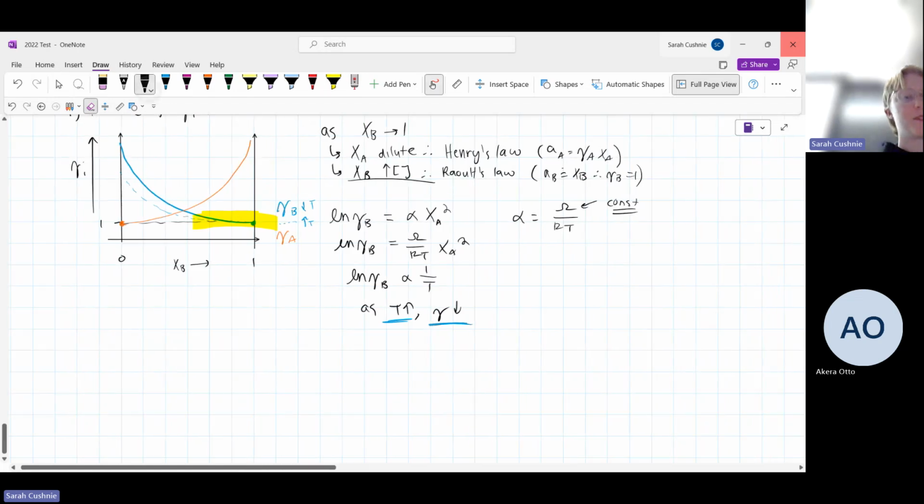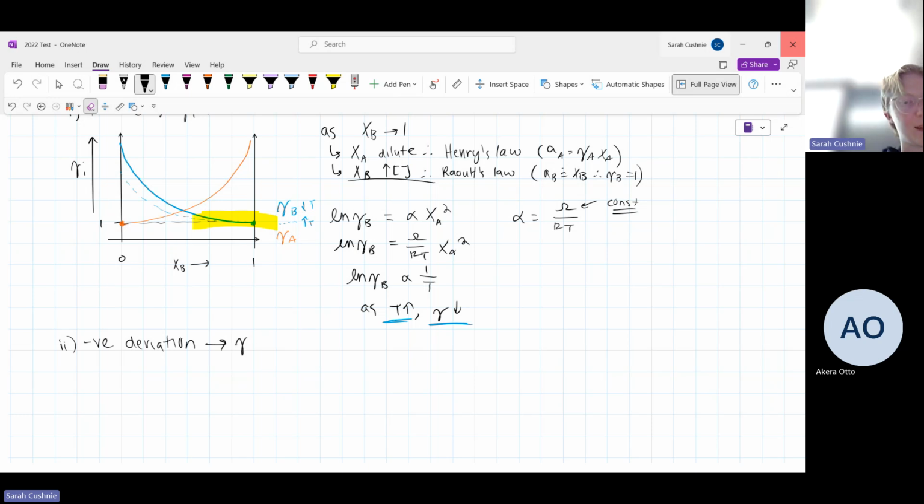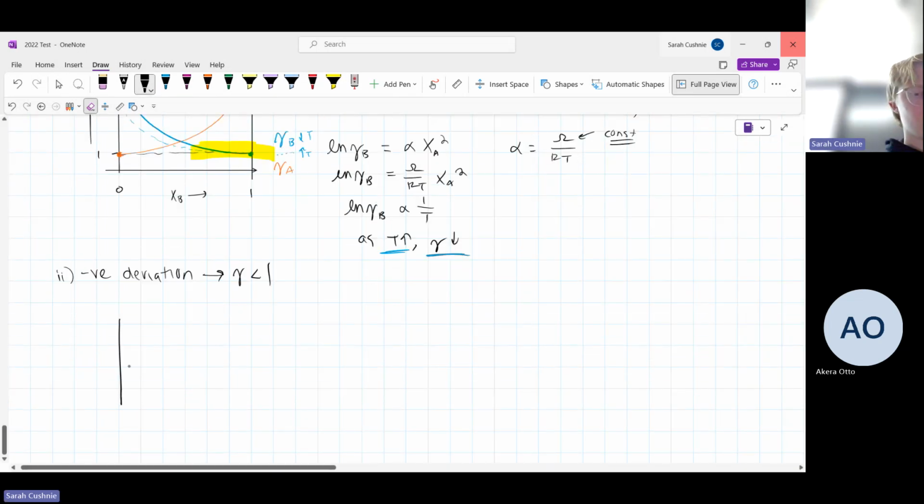We're going to do basically the opposite for negative deviation, except in this case, we know that gamma has to be smaller than 1. So I'm going to draw this graph, like xb 0, 1.